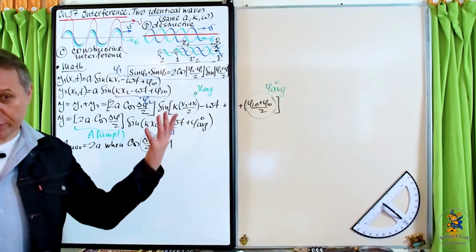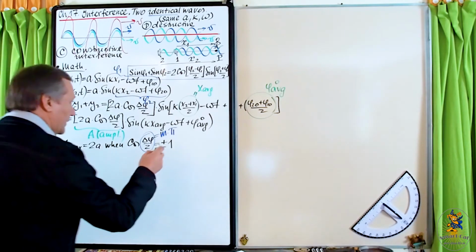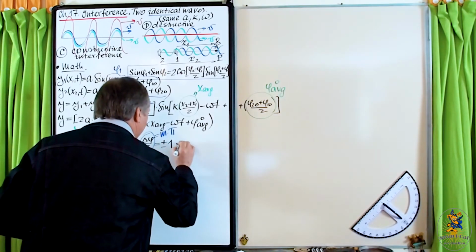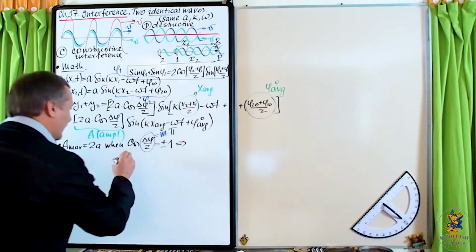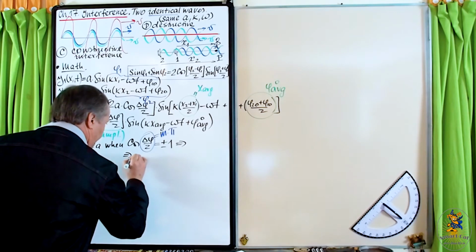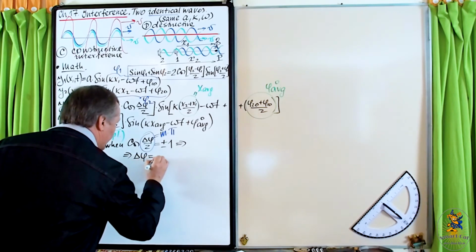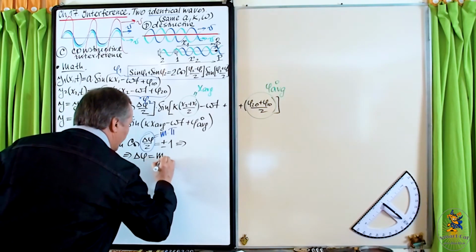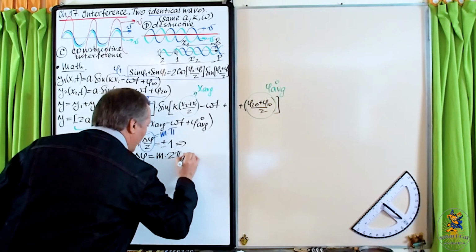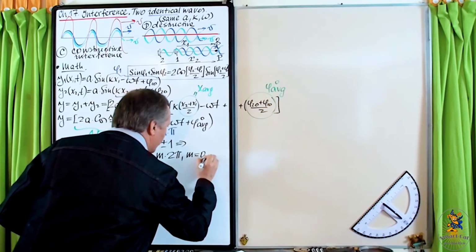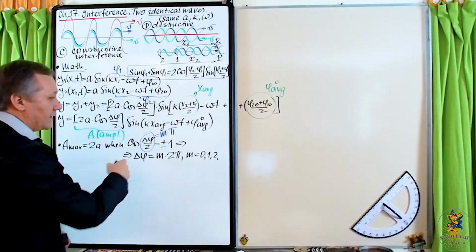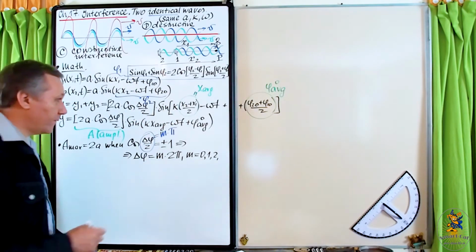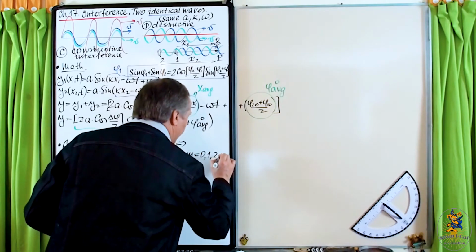So delta phi over 2 equals m pi. As a result, we can write that delta phi equals m times 2 pi, where m is an integer, 0, 1, 2, and so on. So this is the condition for constructive interference.